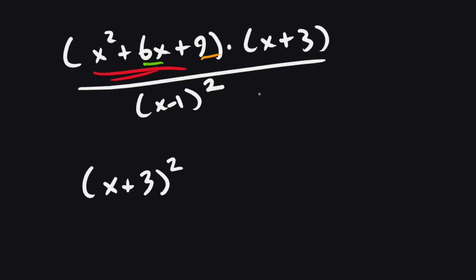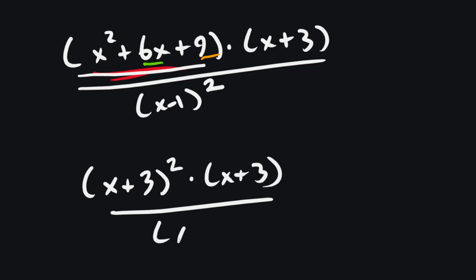And then let's rewrite the rest of this. We factored this here, and let's write the rest of it down, times x plus 3 over x minus 1 squared. Excellent. So now we have x plus 3 squared times x plus 3. We have something squared times something, so we can apply the product rule.